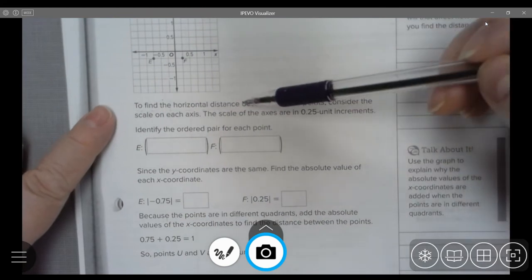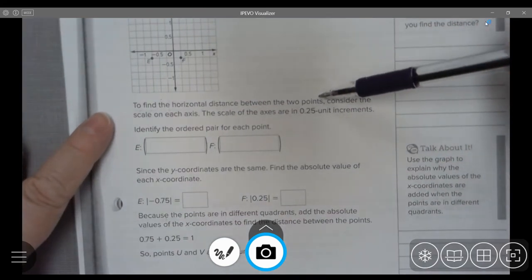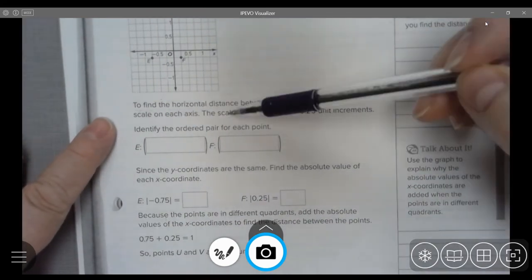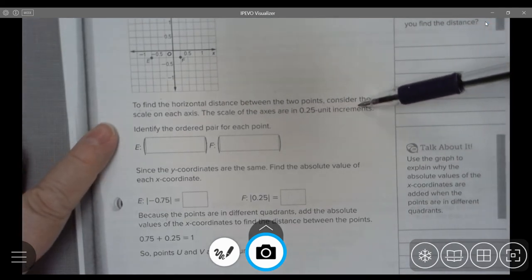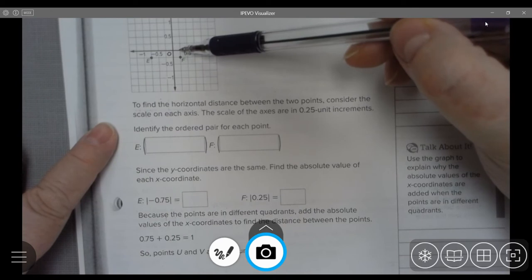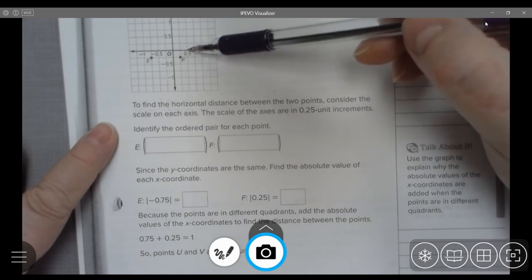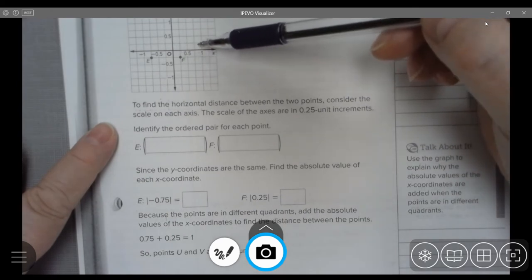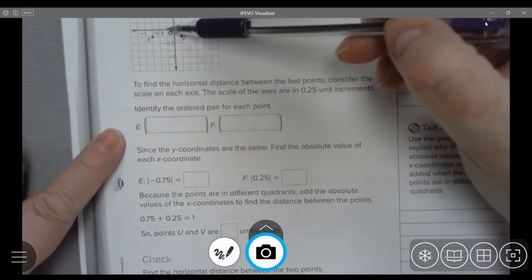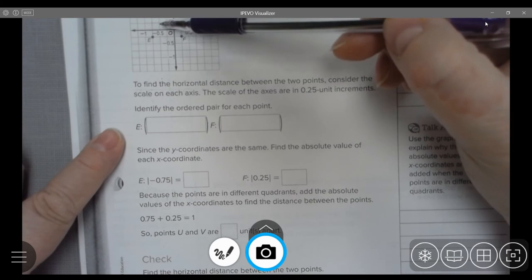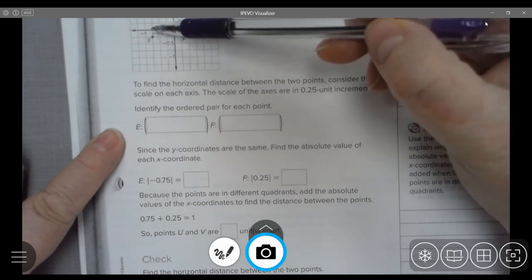So to find the horizontal distance between the 2 points, consider the scale. The scale of these axes are 25 hundredths unit increments. So each line is 25 hundredths, 1/2, 75 hundredths, 1. So E, we would go over 25 hundredths, half, 75.